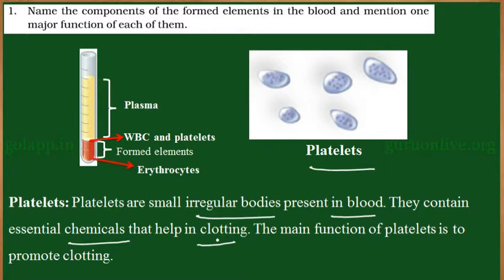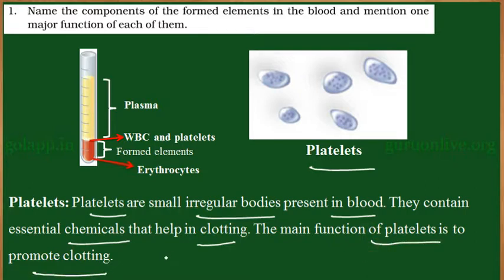So this generally does not happen because the blood contains inactive fragments called platelets. They're irregular bodies present in the blood. On injury, these platelets get activated and they help in clotting. They form a clot and it blocks the bleeding or flowing of the blood outside the body. So the main function of platelets is to promote clotting.